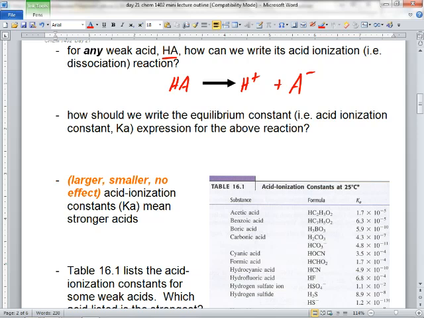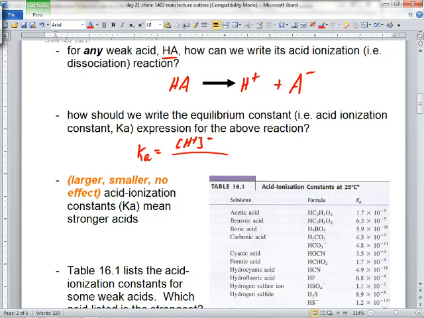But we're going to need, Adrian, this Ka expression to get our answers. So in general, how are we going to write these equilibrium constant expressions? It'd be what over what? According to that reaction. Which would be what on top?